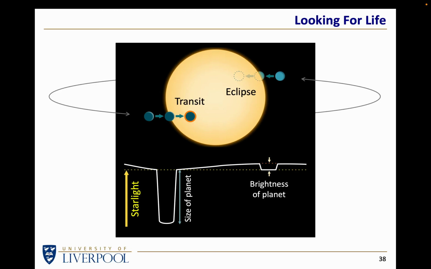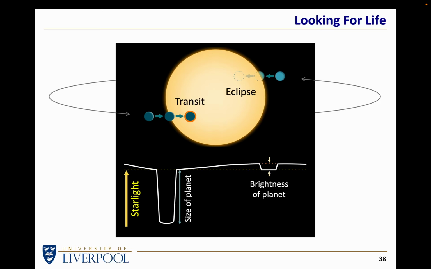Just before it goes into eclipse, the total amount of light we're receiving is the light from the star and the light from the planet. But when the planet goes into eclipse, we're only picking up the light from the star, as we're no longer seeing the planet. So if we look at differences in the spectrum just before and after the planet goes into eclipse, we can see changes in the spectrum which are the result of the light from the planet, not the light from the star.